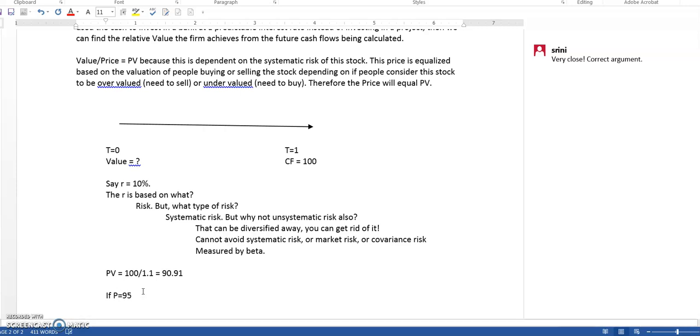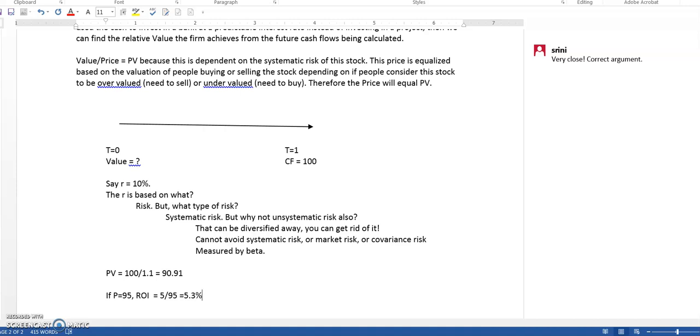An investor, if they invest in this bond at 95, they are going to get $100 at time 1. What is the return on investment? So ROI equals 5 over 95. So that is about 5.3%, roughly 5.3%.